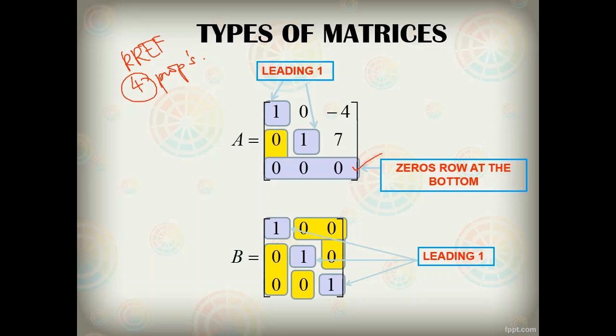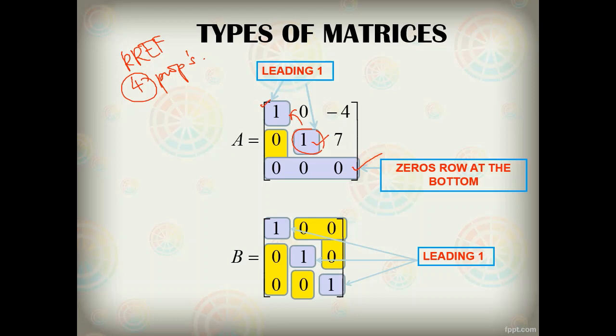And then the second one: for each row that is not all zeros, the first non-zero must be 1, meaning after 0 must be 1. 0, 1, so this is fine. This is also fine. The third one: the number 1 must appear to the right. Yes, the number 1 here appears to the right of the previous. So it's okay.